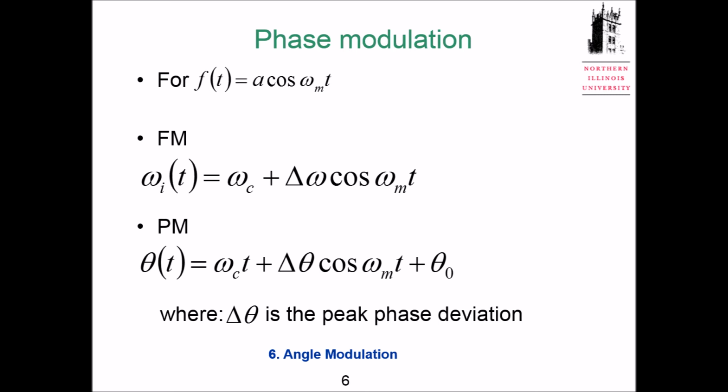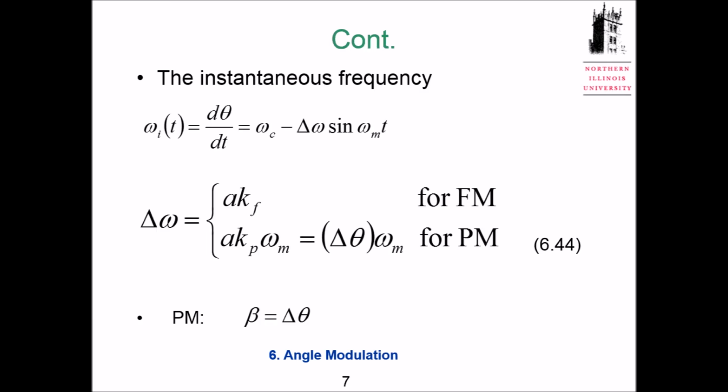For PM, my phase is proportional to my message, and here delta theta we call the phase deviation, so how far I can be away from my baseline phase. This is the initial phase, right? So this is for PM. So from the previous slide.